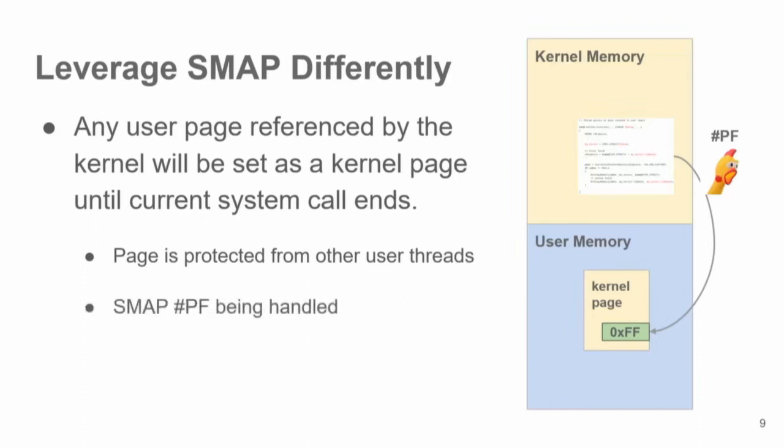The second is that we can satisfy this SMAP page fault. When we re-execute the faulting instruction, it won't be triggered again, because it's no longer kernel code accessing user memory.